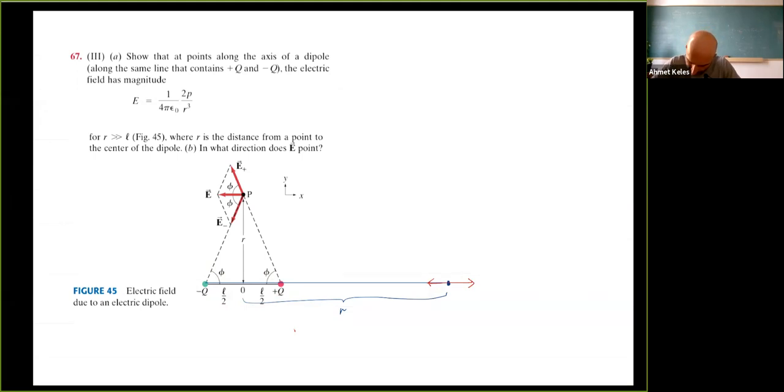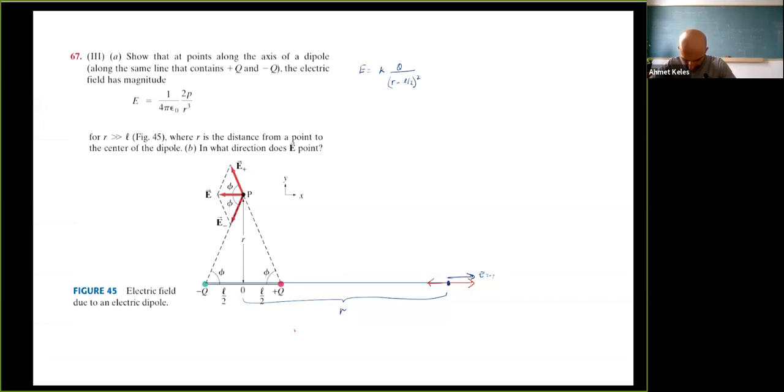Maybe I can write it like this. This is E total. And let me write each contribution separately. So E is equal to, again, K plus Q divided by the distance, which is R minus L over 2 squared. Am I right? I think so.